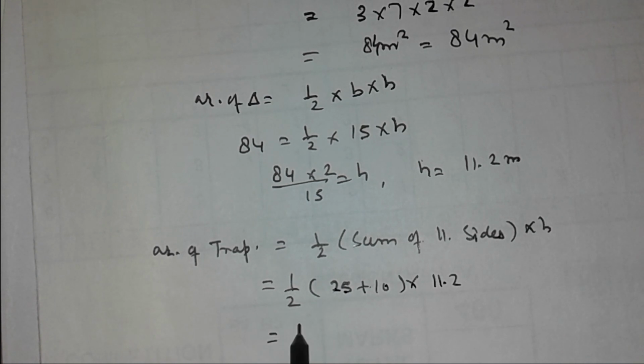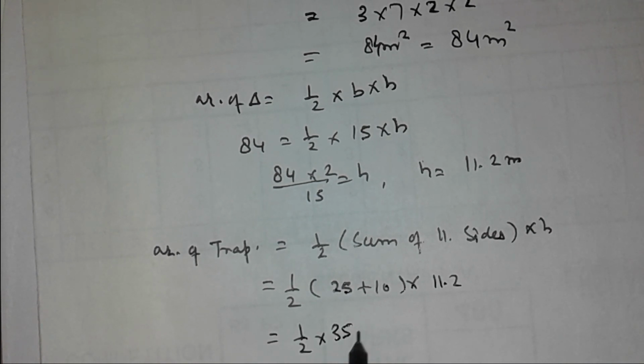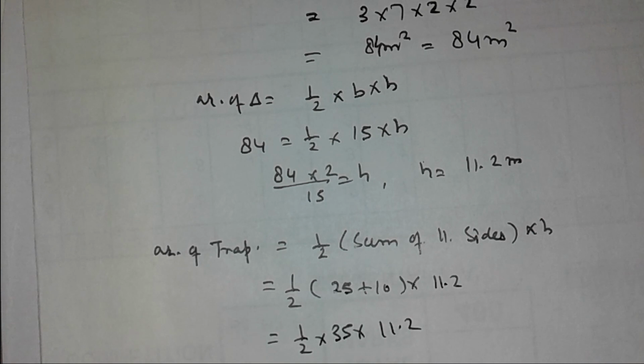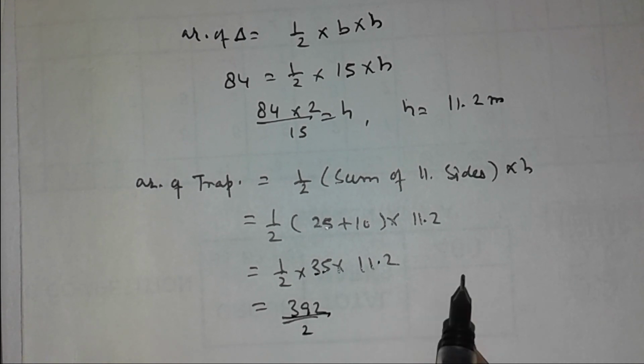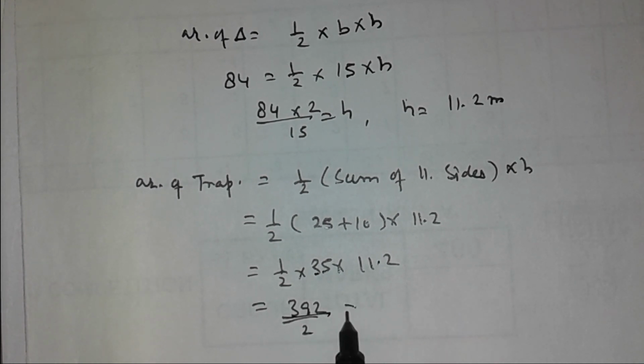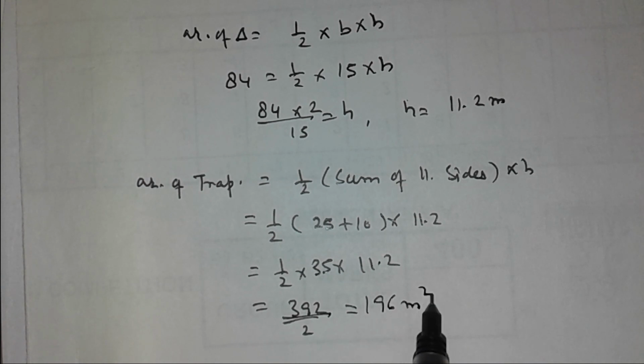So it is equal to half into 35 into 11.2. When you solve it, you will get 392 divided by 2, that is equal to 196 meters square. So area of trapezium is 196 meters square, and with this question we have finished this chapter.